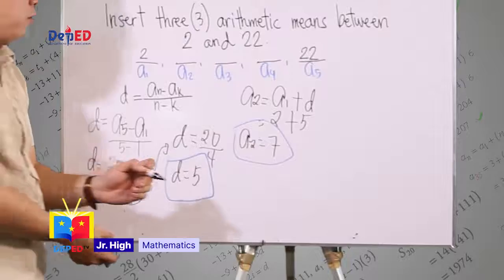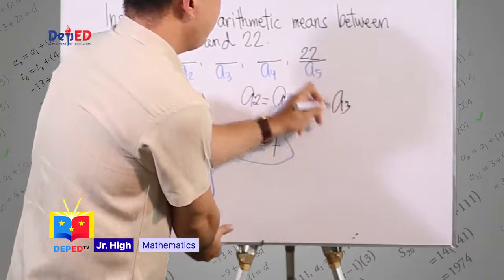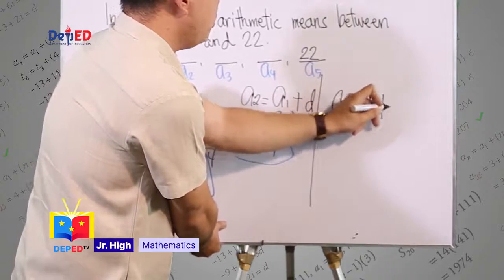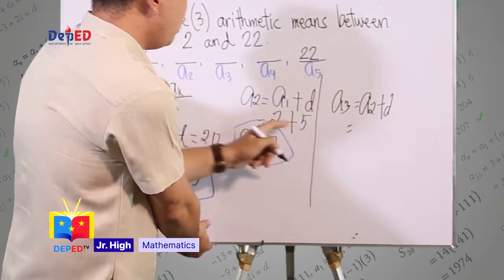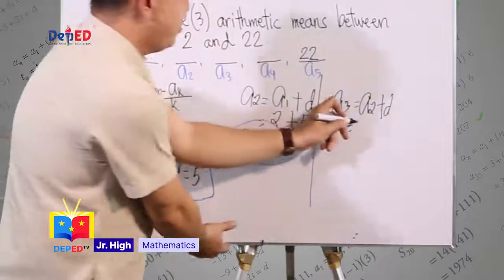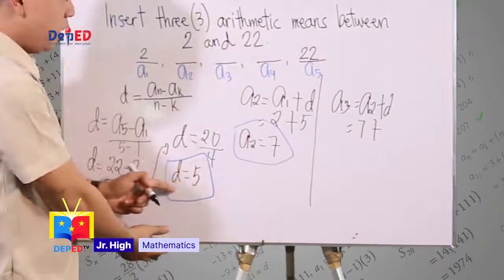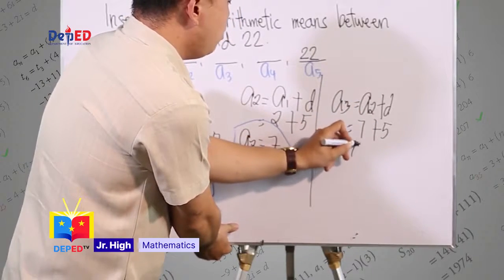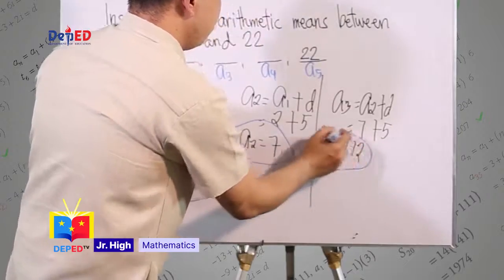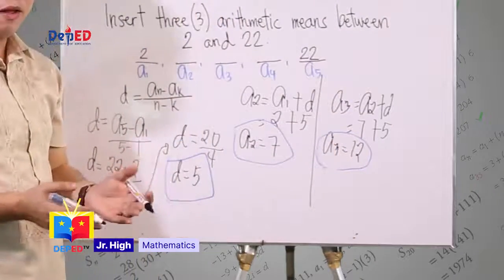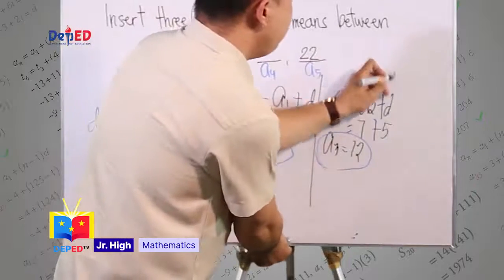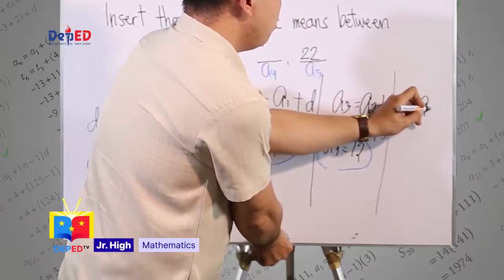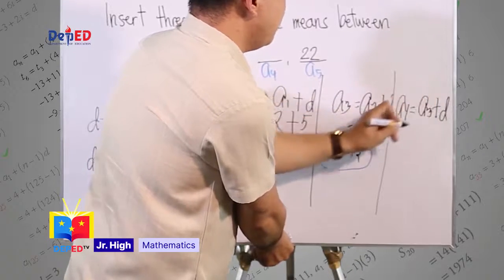For a sub 3, we will have the sum of the second term plus the difference, that is a sub 2, that is 7, plus the difference, 5. Our a sub 3 is equal to 12. And for the fourth term, we will have a sub 4 is equal to the sum of a sub 3 plus the difference.